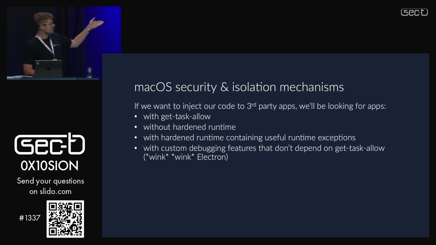However, just to sum it up, we'll be interested in password managers that have get-task-allow, or are without hardened runtime, or are with hardened runtime but have the useful runtime exceptions, and have some custom debugging features that don't depend on get-task-allow. And here, wink, wink to Electron.